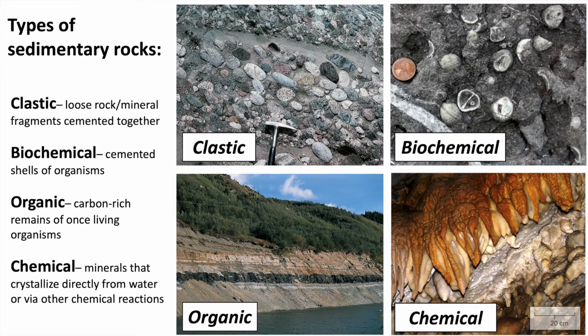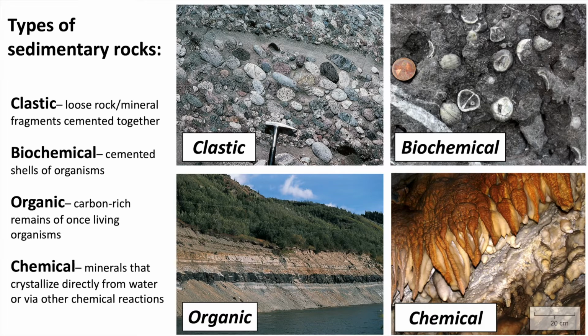And then we have our chemical sedimentary rocks, which occur when minerals precipitate directly out of water or via some other kind of chemical reaction. If you have a pre-existing rock that undergoes a chemical reaction, say with the atmosphere or with water, that can form a chemical sedimentary rock as well.